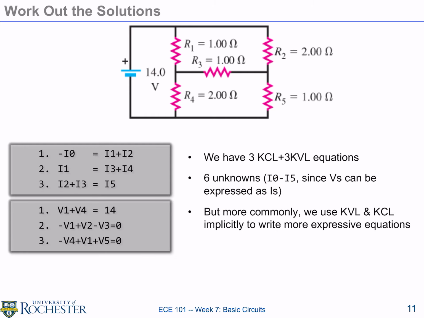But in this case, if we look at it, we have 3 equations from KVL and the 3 equations that we just got from KCL, so we have 6 equations. How many unknowns? Well, we're writing a whole bunch of weird things, right? We have I's sometimes, we have V sometimes.